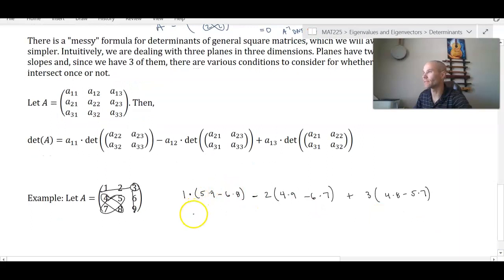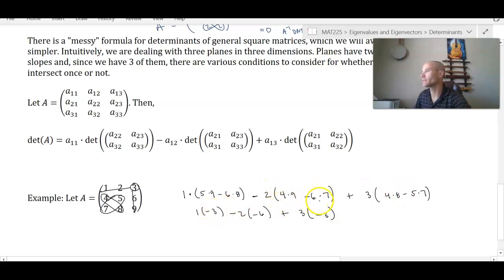And that's going to come out to, let's see, 1 times, that's 45 minus 48 is negative 3. So it'll be 1 times negative 3 minus 2 times 36 minus 42 is negative 6, plus 3 times 32 minus 35 is negative 3. And let's just double check.